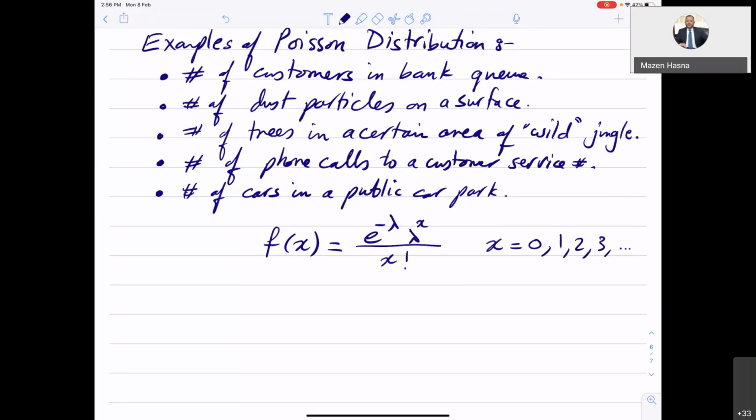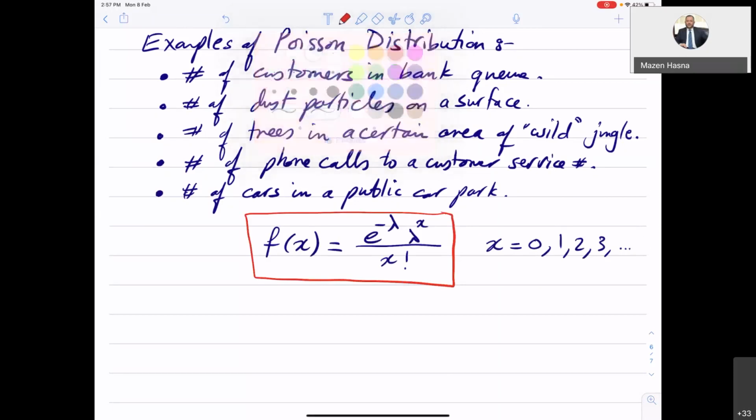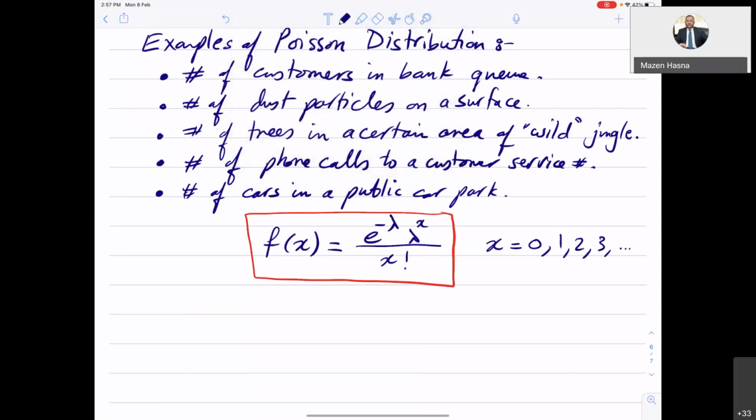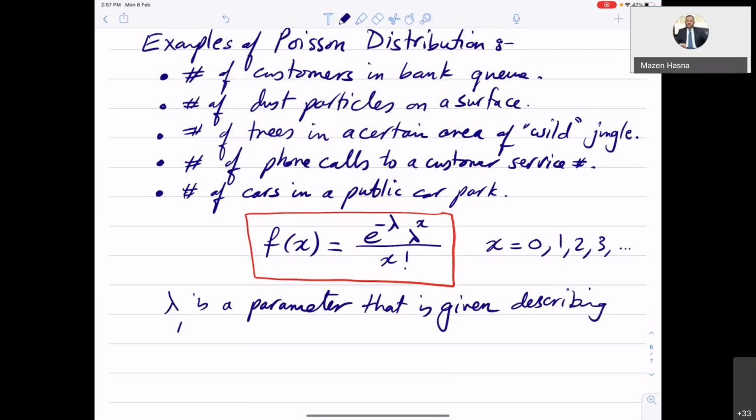So you can have 0 events, 1 event, 2 events in a certain period of time, where lambda is a parameter describing the average number of events in a certain interval.